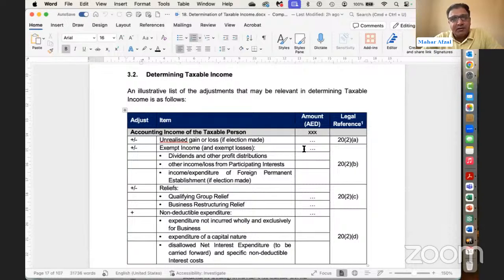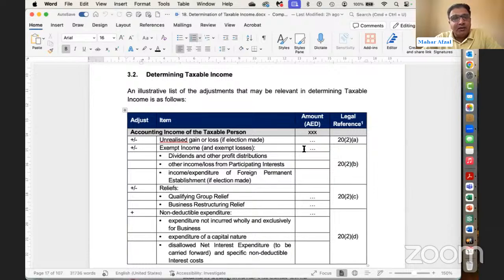We have already discussed so many times what the key concepts are, like small business relief, entertainment expenses treatment, salary treatment, tax loss treatment, how the losses can be carried forward, and interest treatment. Quickly, we'll go through this. Our focus will remain on the case studies. We'll try to discuss all case studies today itself, along with different concepts as well.